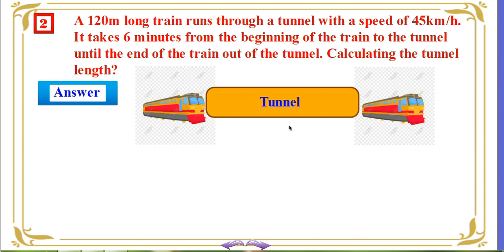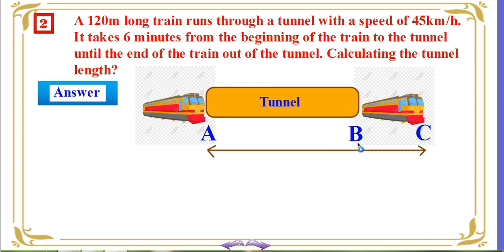So the length of the tunnel is the segment AB. And the 6 minutes of train travel is the segment AC. So anyone who answers that the tunnel length is AC is wrong. So how do we calculate the length AB?